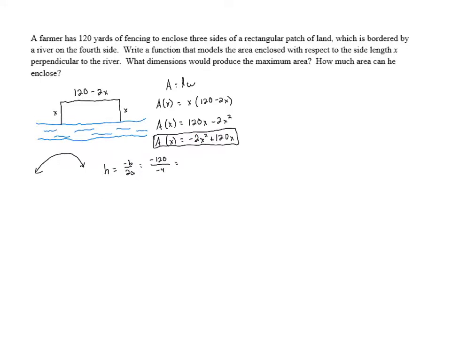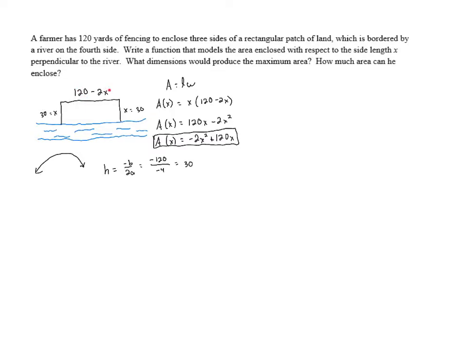And negative 120 divided by negative 4 is 30. So the x-coordinate of our function, the x value that gives us our maximum, is going to be 30. And so what that means here is that the side length that's perpendicular to the river is 30.